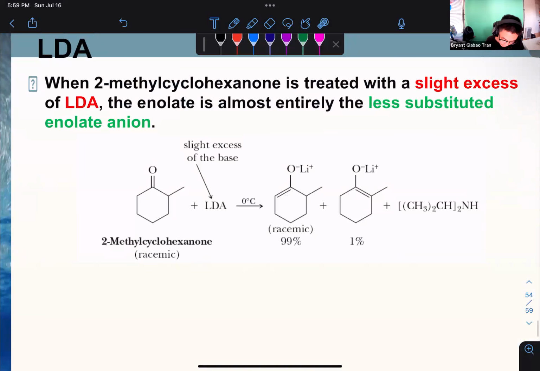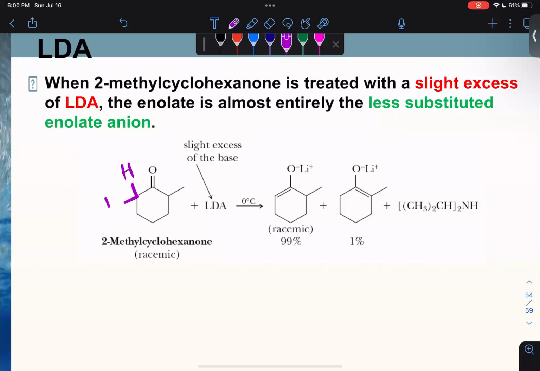Oh, okay. So this is going into elimination right here, like an E2 reaction, kind of. You see how LDA is a bulky base? It can only go for the most available hydrogen. So let me draw out the hydrogens here. Yeah, the one that has the most free space.